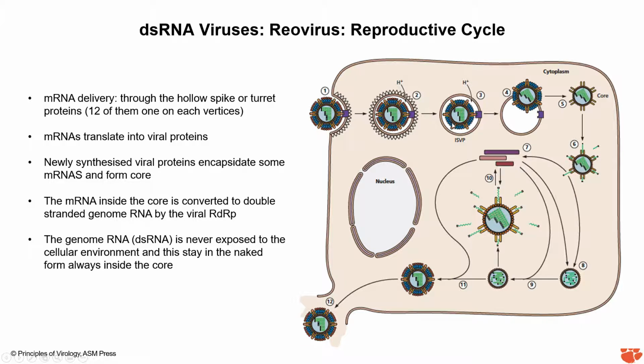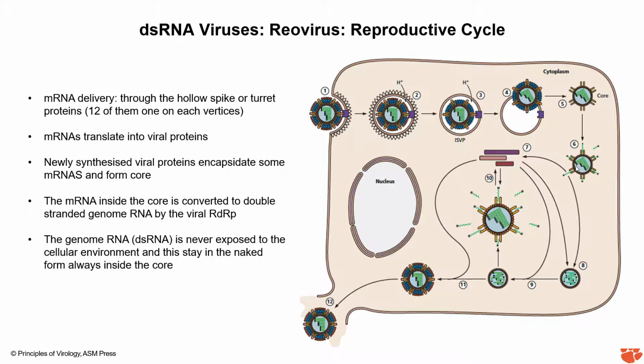It opens up these hydrophobic cores, and it fuses with the endosomal membrane, and it can penetrate into the cytoplasm. And in this process, these blue proteins of the inner core is also lost. Only the very core of the virus is delivered into the cell. This core remains as a core. It does not disintegrate anymore in the cytoplasm.